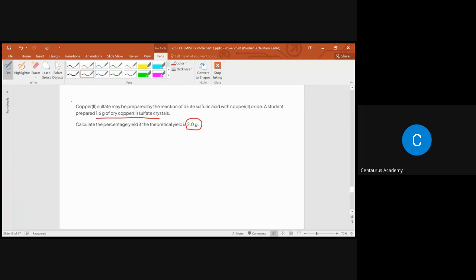In the context of the question, can you figure out what is the actual yield? 1.6. Yes, 1.6 grams. Very good.